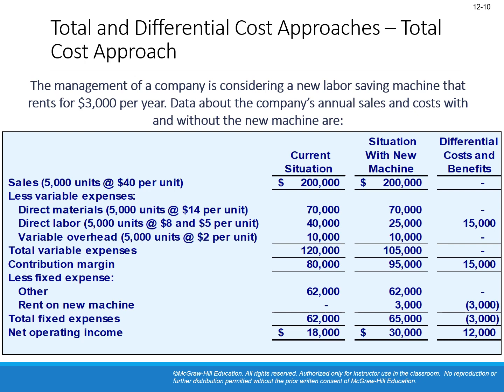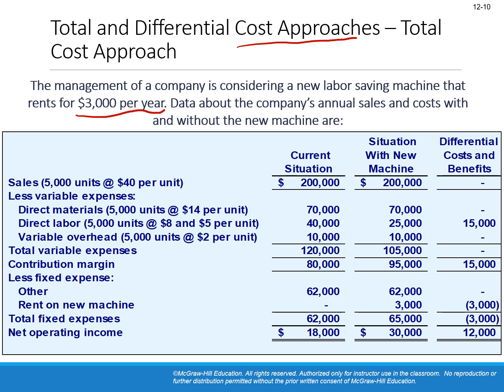Another example that has to do with differential analysis, total and differential cost approaches. The management of a company is considering a new labor-saving machine that rents for $3,000 per year. So you will rent a machine that costs $3,000 per year, and accordingly, you can save some of the wages you are paying to your employees.